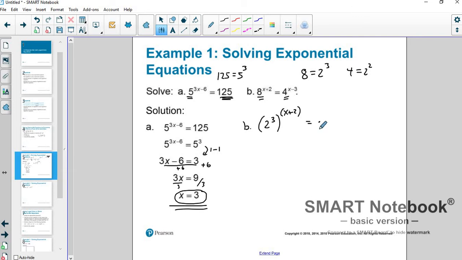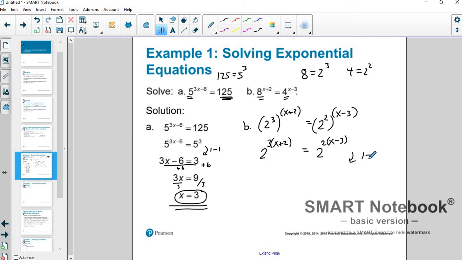We're going to replace 4 with 2 squared, which still has a power of x minus 3. And then we use the fact that a power raised to another power is multiplied. So we get 3 times x plus 2 here as the power. Here we get the power of 2 times the group x minus 3. Don't forget the groupings.